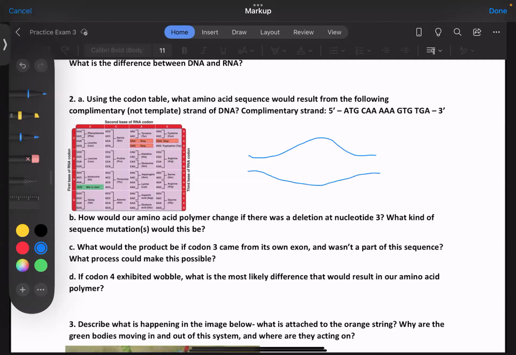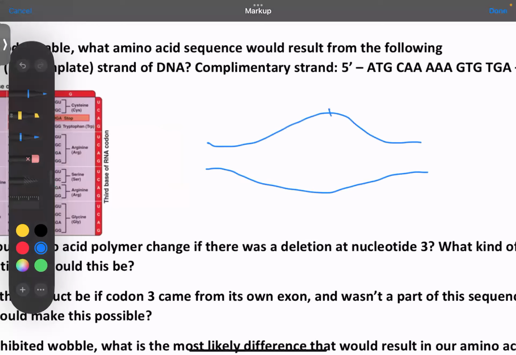We have our origin of replication, and we have our template strand of DNA. Remember, this is replication, so we have more than one template strand. So keep that in mind. We're not doing transcription. So the template strands, and then we're going to be synthesizing a new complementary strand of DNA that is opposite, complementary to that one.